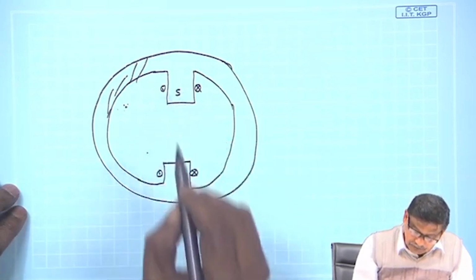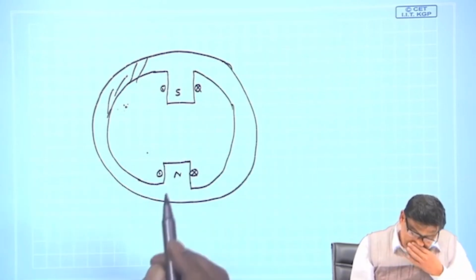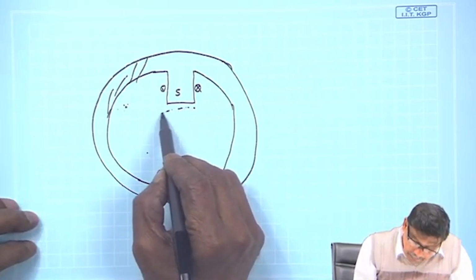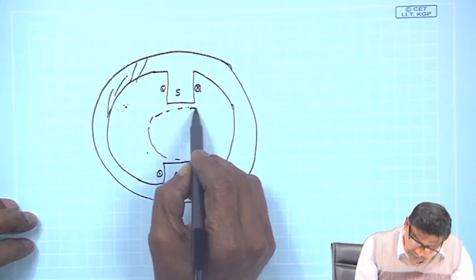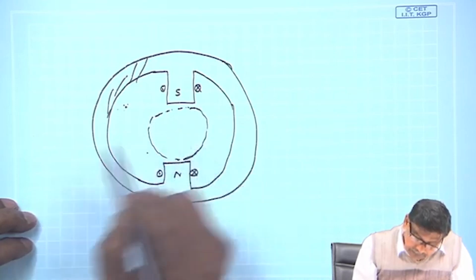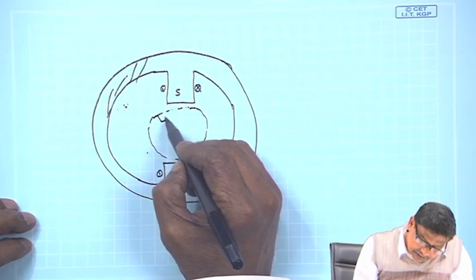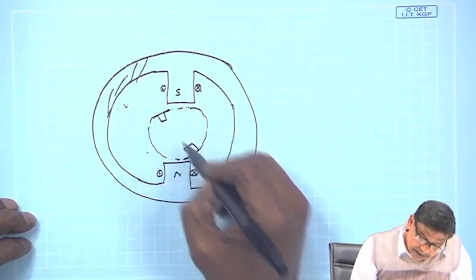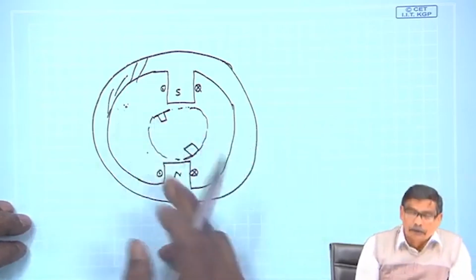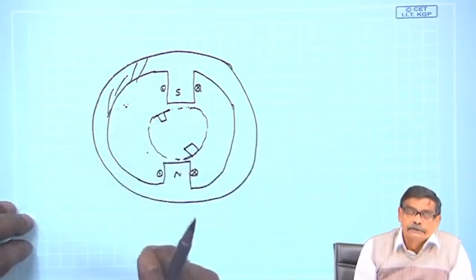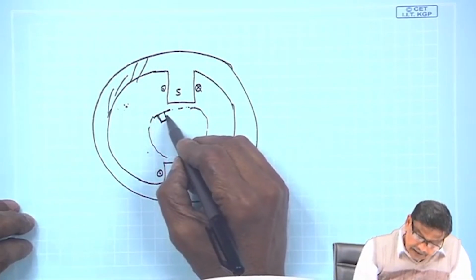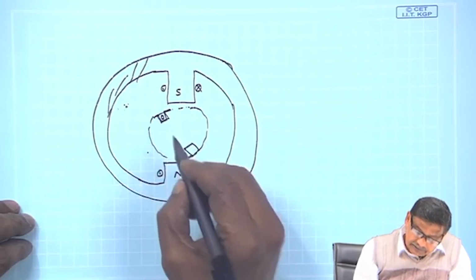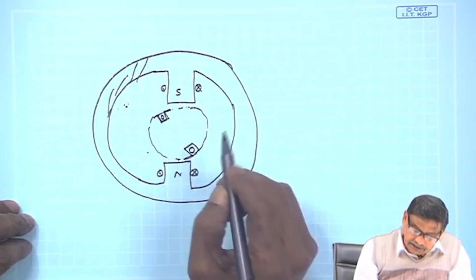This becomes south pole, this becomes north pole, we have seen. Now, what I can do is this: this is the rotor, and here instead of a single slot, I will connect two slots in diametrically opposite positions, and here I will connect one conductor here and another conductor there.